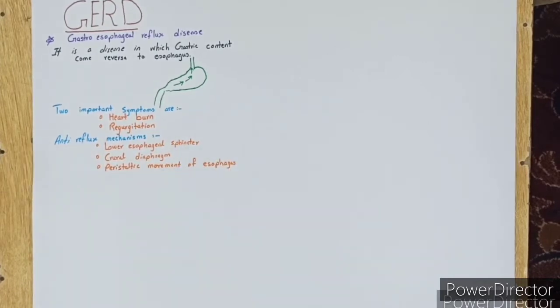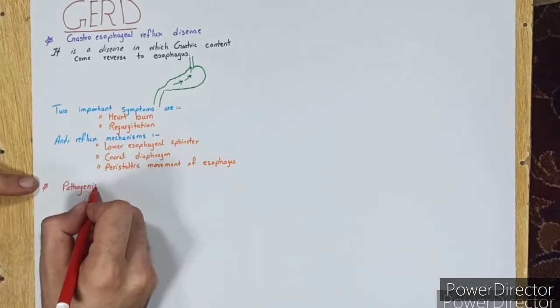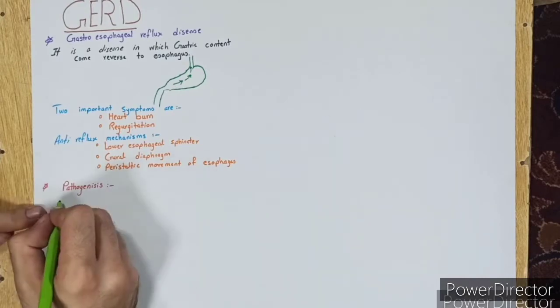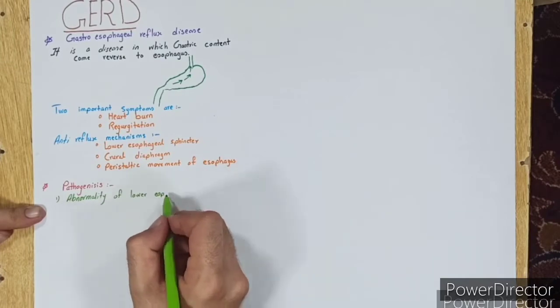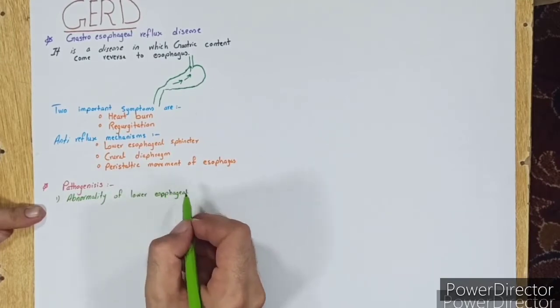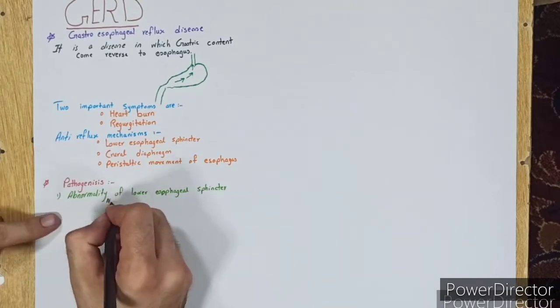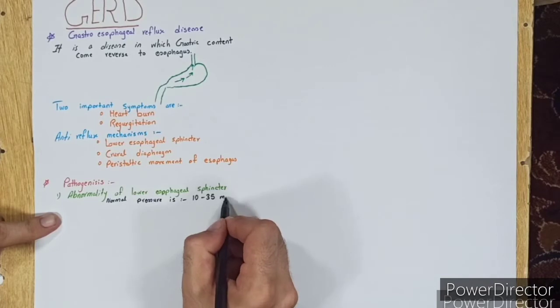Now we come to the pathogenesis. First one, abnormality of the lower esophageal sphincter. The normal tone of this sphincter is about 10 to 35 millimeters of mercury.